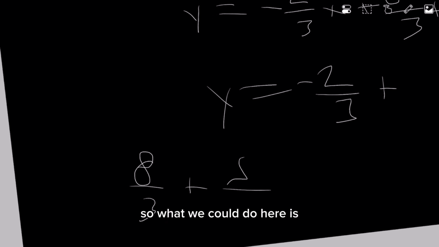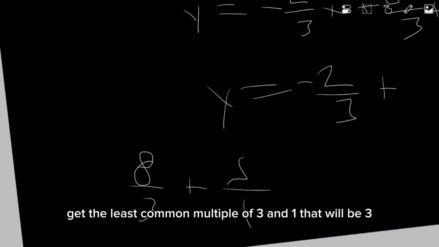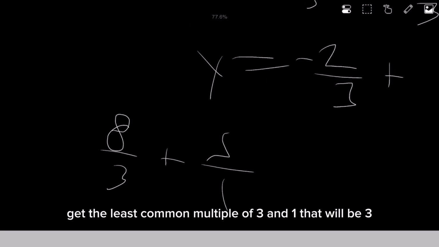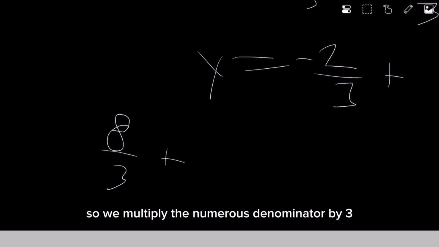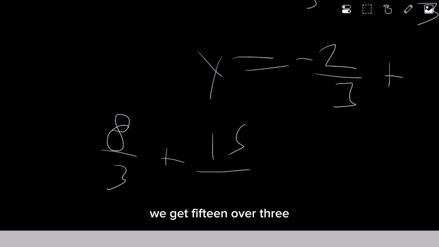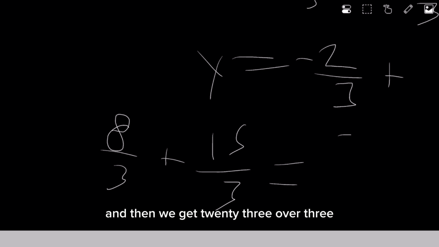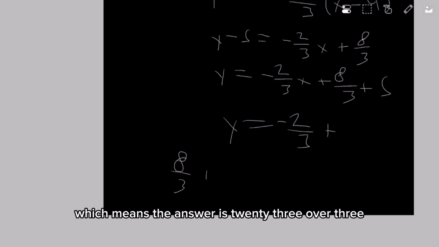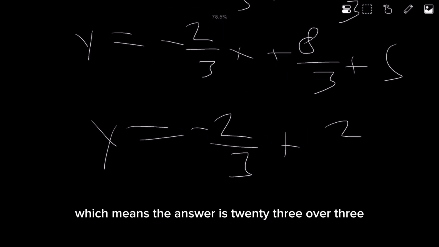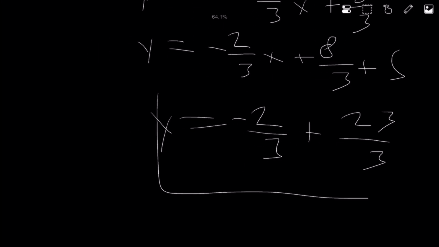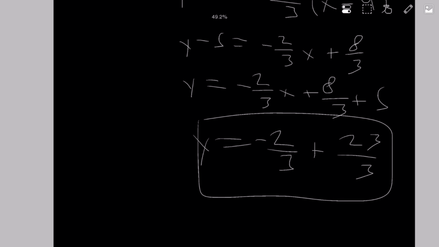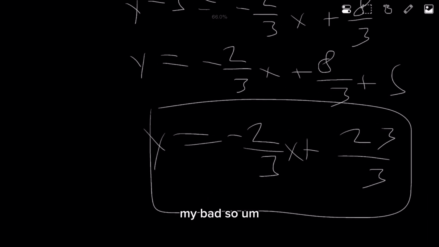What we could do here is get the least common multiple of 3 and 1. That will be 3. So we multiply the numerator and the denominator by 3. We get 15 over 3. And then we get 23 over 3. Which means the answer is 23 over 3. That's the answer. Oh, I forgot the x, my bad.